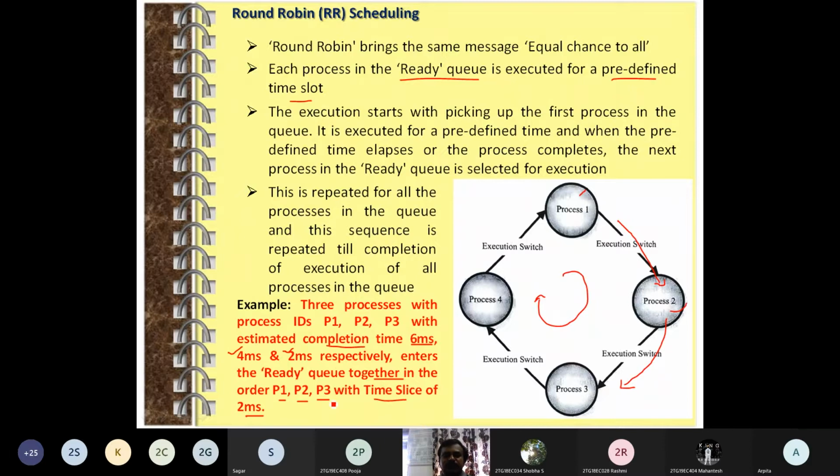So each process is going to run 2 milliseconds. Still, if it needs to be executed, then what is going to happen? It is going to be kept at the end of the ready queue. Once again, all are in the loop until the execution is completed.